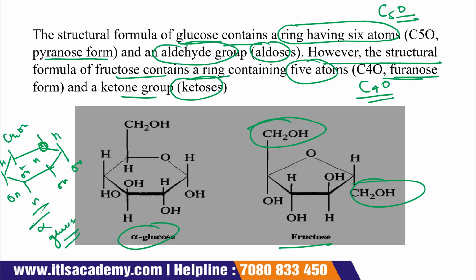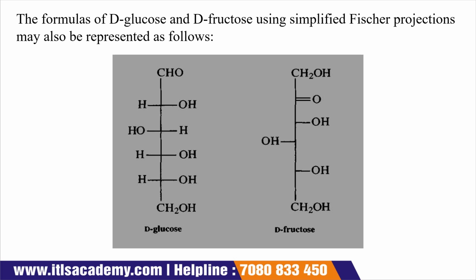Okay. Now the next is the formula of D-glucose and D-fructose, which using a simplified Fischer projection may also be represented as follows. So this is a way to represent D-glucose by using a Fischer projection.